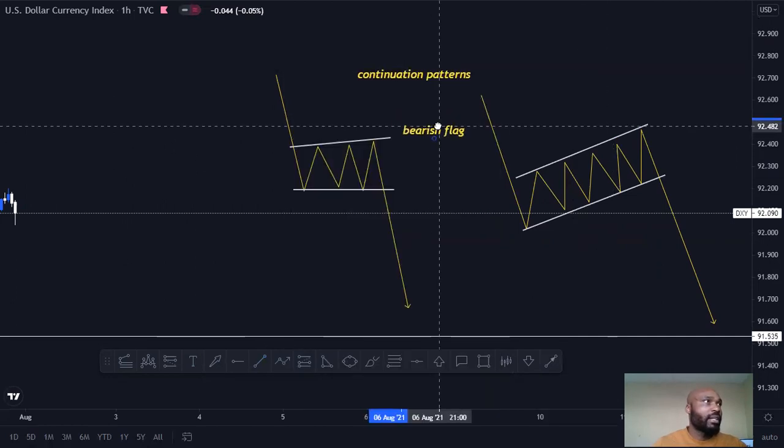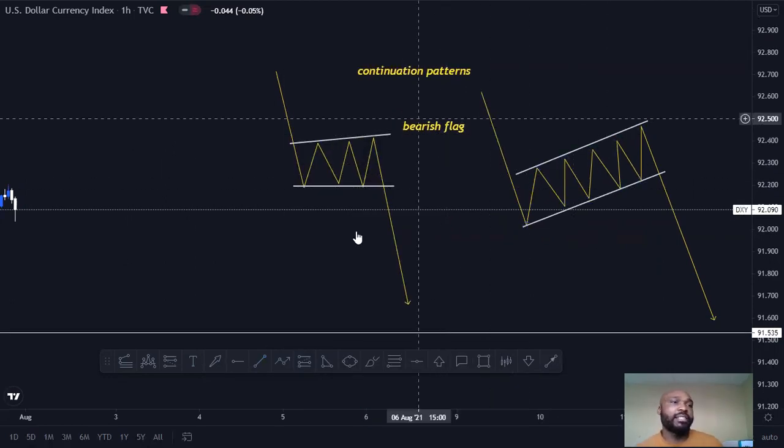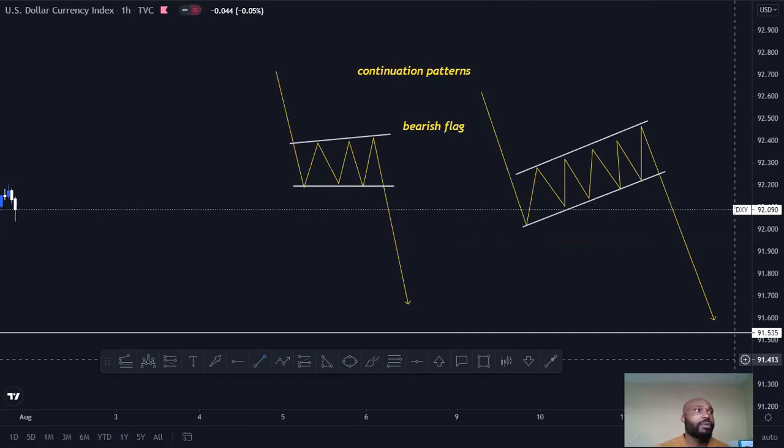So we are now currently looking at continuation patterns, the bearish flag. Okay, guys.